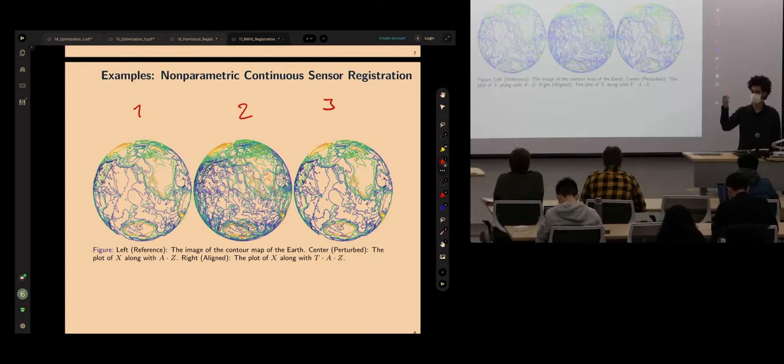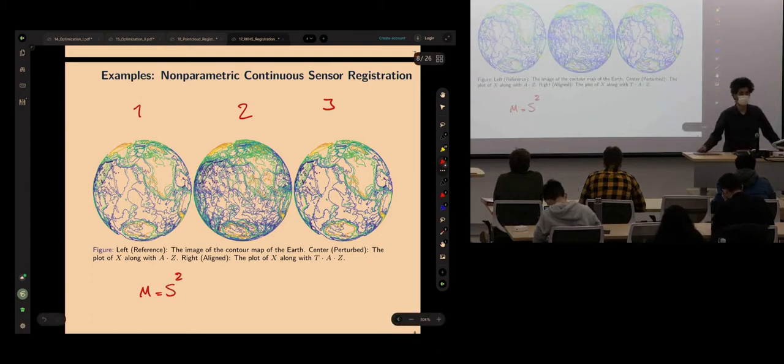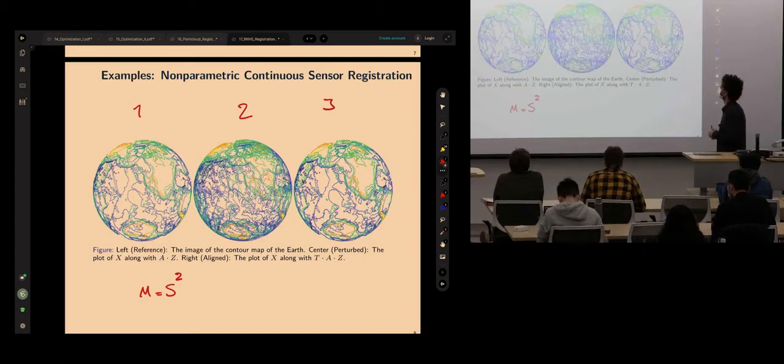We perturb it, so the manifold is basically the circle, right? The circle is not the same as two independent. The sphere is not the same thing as torus, right? This is S2. So the surface of this ball, Earth, is the planet that we're doing registration on.